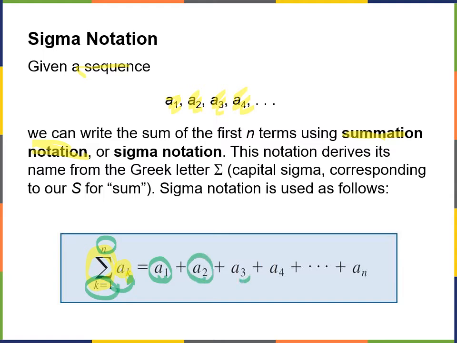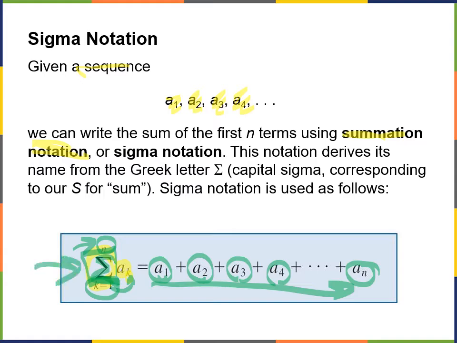If I let K equal 3, I get A sub 3, and so on, all the way up to where I let K go all the way to that top value, which is N. So I get A sub N. And this symbol here tells me I'm going to add all those up. So mostly the idea here is when you see that symbol there, that means you're adding a bunch of terms together, okay?